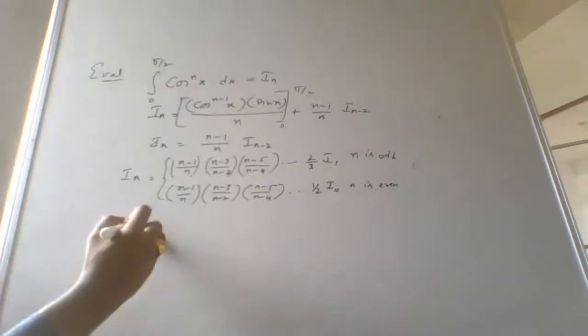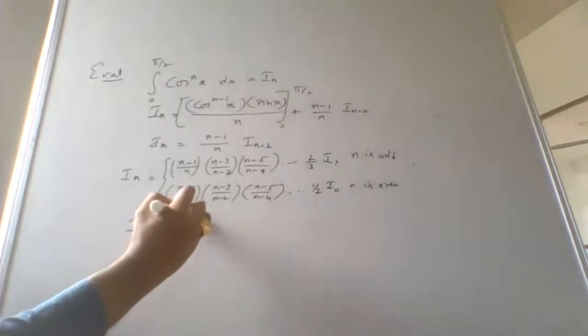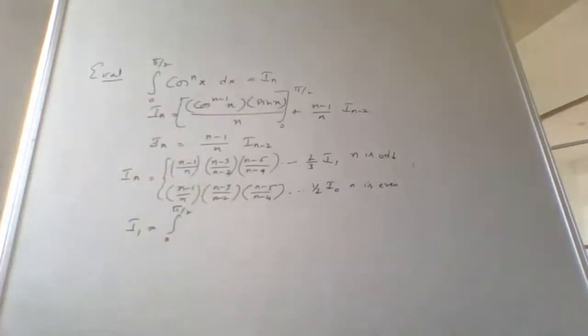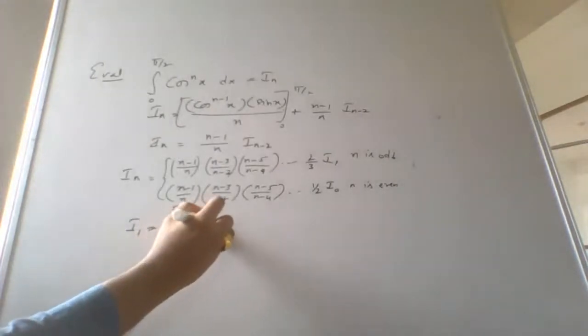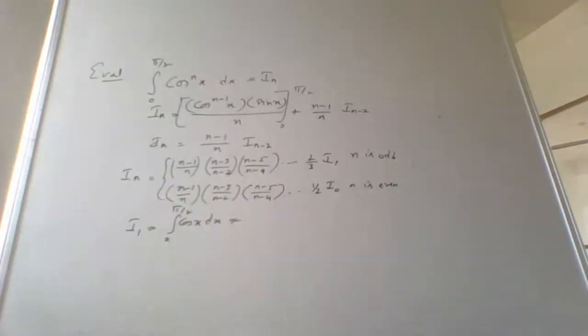Okay, let us find the result for I1. That is the integral from 0 to pi by 2; if I substitute it there, I get cos x dx, which results in 1.